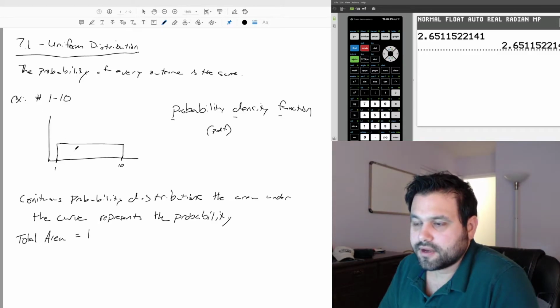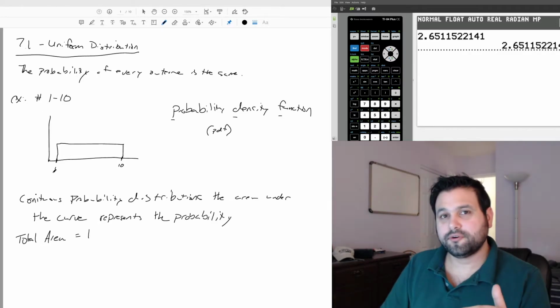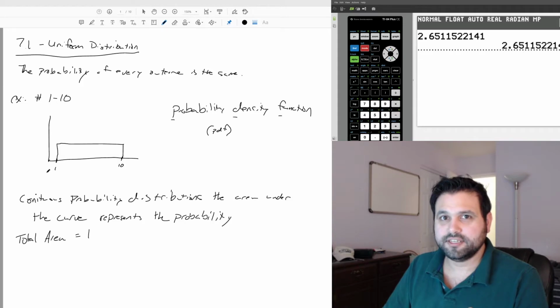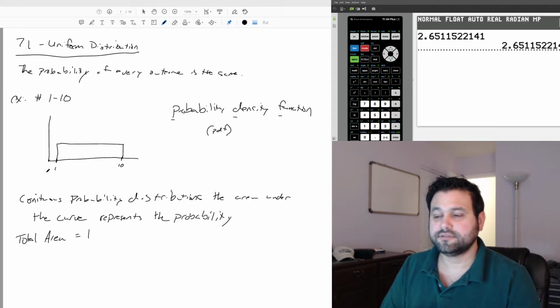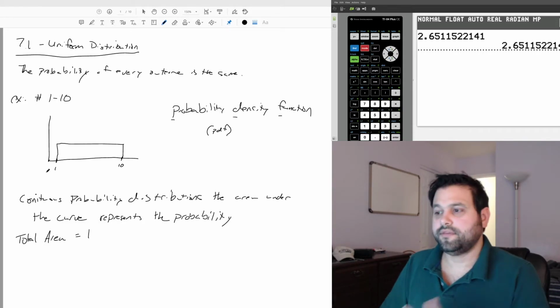So with uniform distribution, it's kind of easy to find probabilities because we're talking about a rectangle. And when we're finding areas of rectangles, we know that's just length times width.